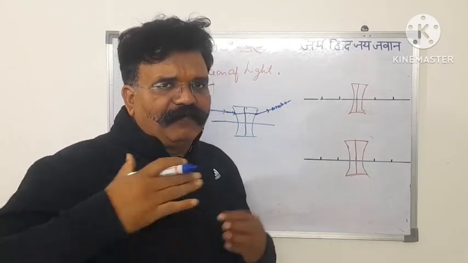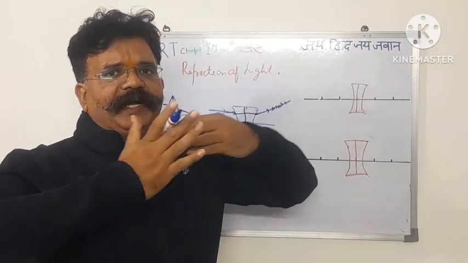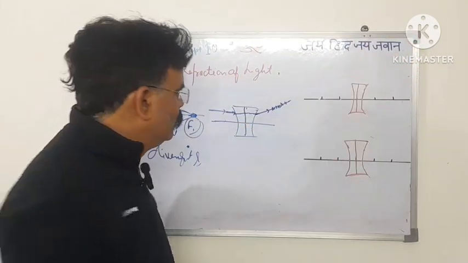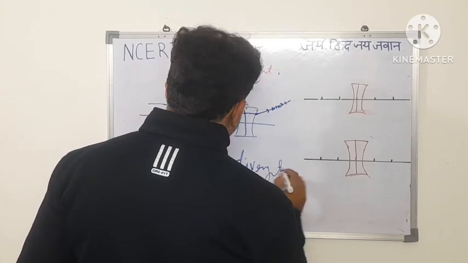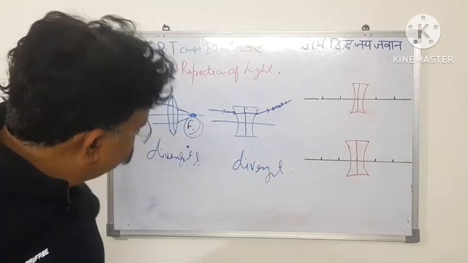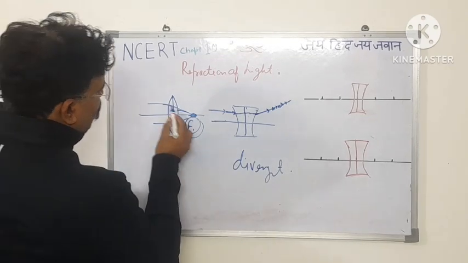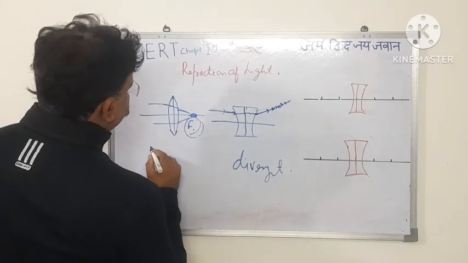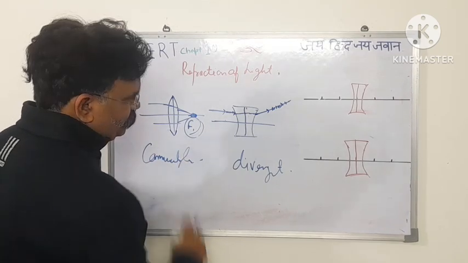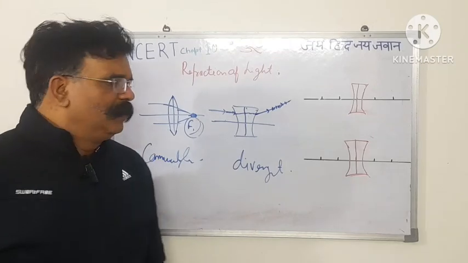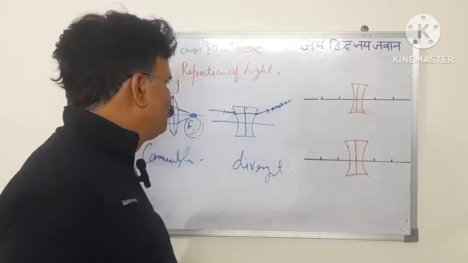Because of this diversion of the rays, this is called a divergent lens. And due to the property of converging, the convex lens is called a convergent lens. These are the synonyms of these two lenses.